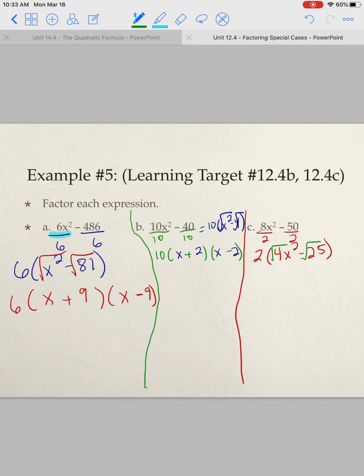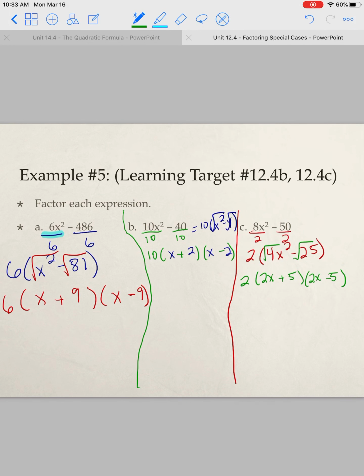I can take the square root of both these terms, which is going to give me, remember I have one that's addition and one that's subtraction. This one would be 2x. And the square root of 25 is 5. And there's that one.